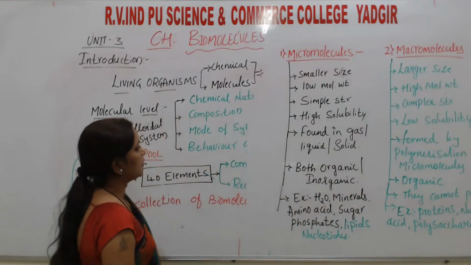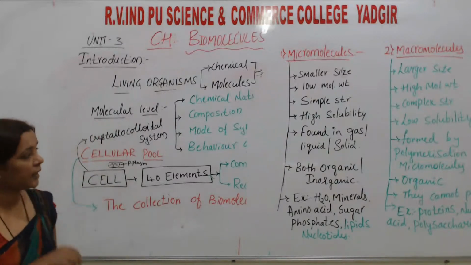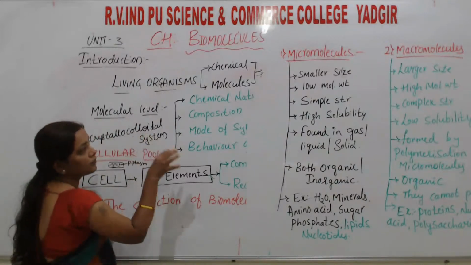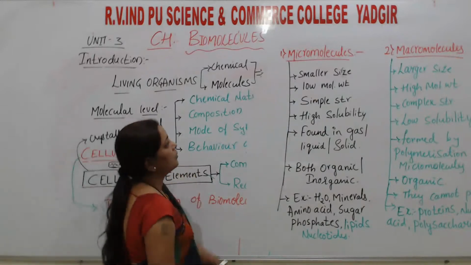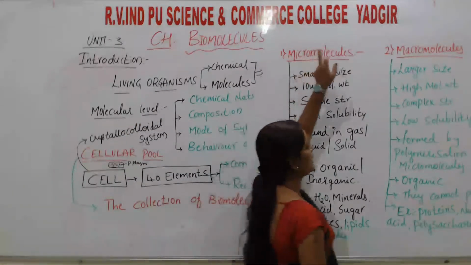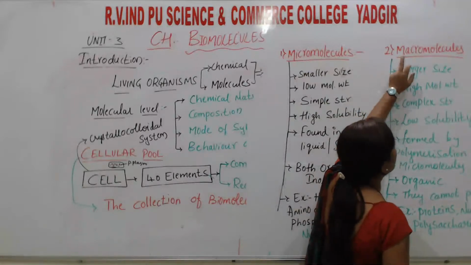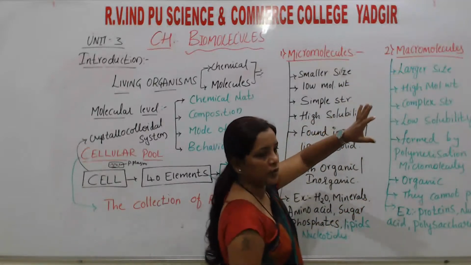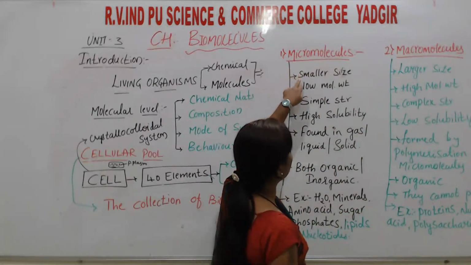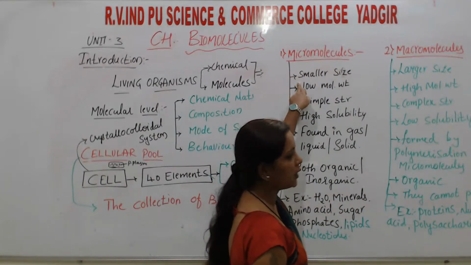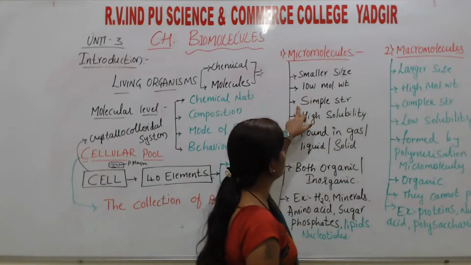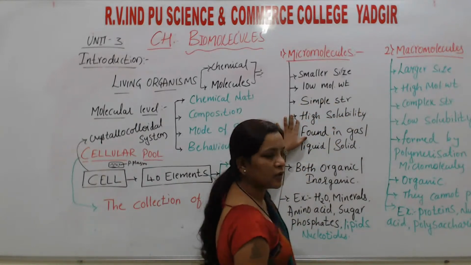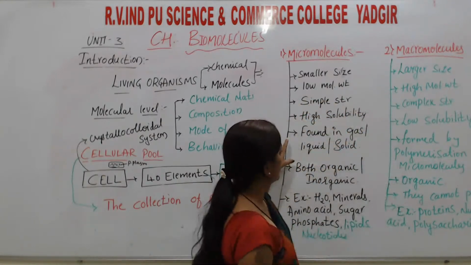So this is about biomolecules. Based on their size, we have divided the molecules into two types: micromolecules and macromolecules. Micromolecules are smaller, macromolecules larger; low molecular weight, high molecular weight; simple, complex; high solubility, low solubility.